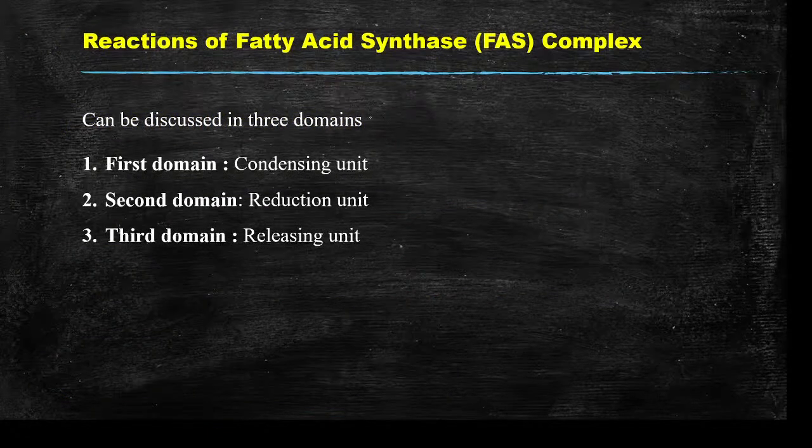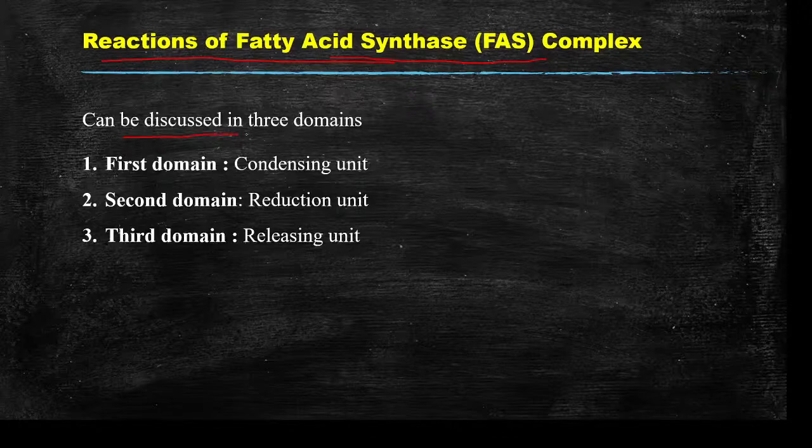So now we will discuss the reactions of the fatty acid synthase complex. This can be discussed in three domains. The first domain is the condensing unit, the second domain is the reduction unit, and the third domain is the releasing unit.